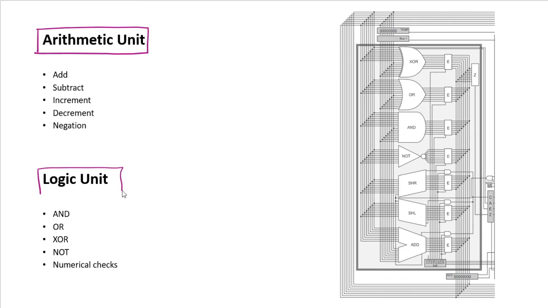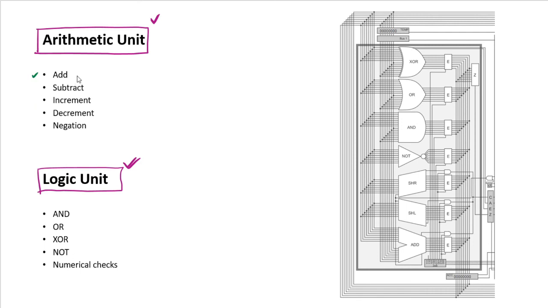We can logically divide this entire ALU into two units. Not physically, but virtually. One unit is capable of performing arithmetic operations, and one unit is capable of performing logical operations. What are the different arithmetic operations?